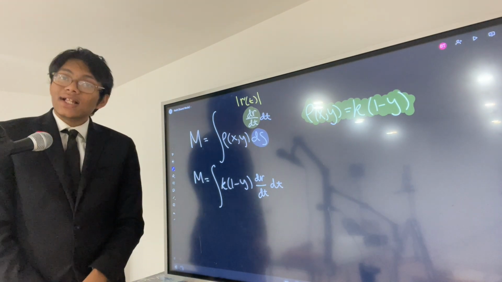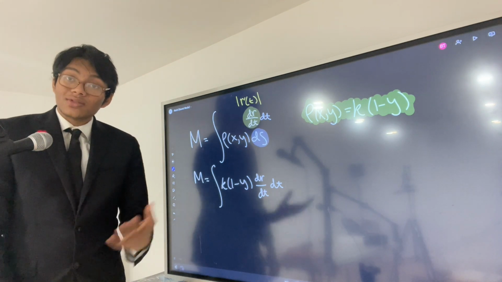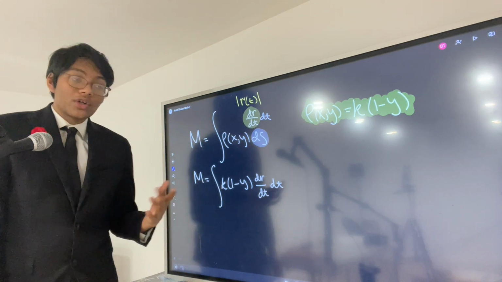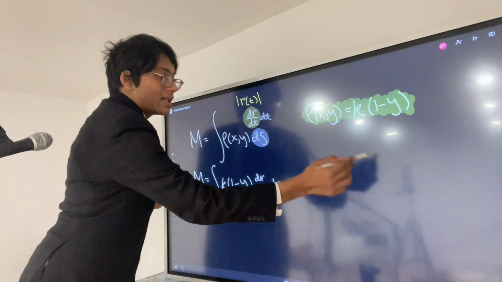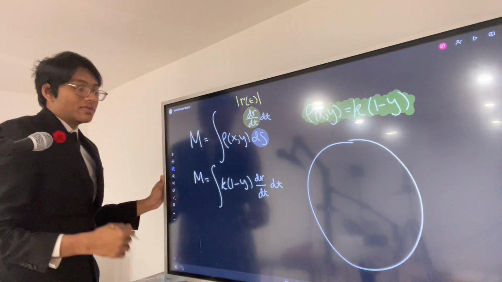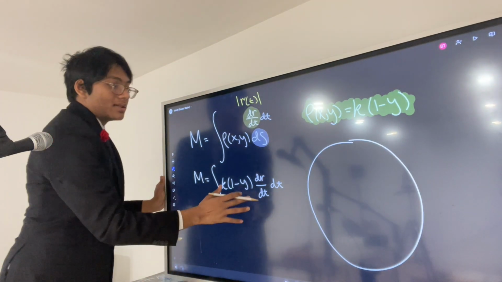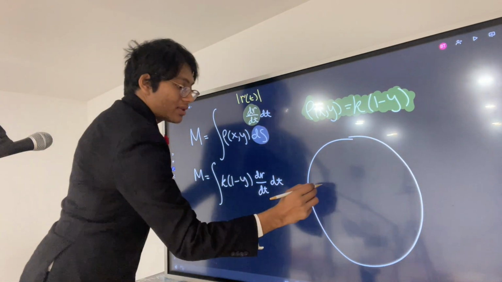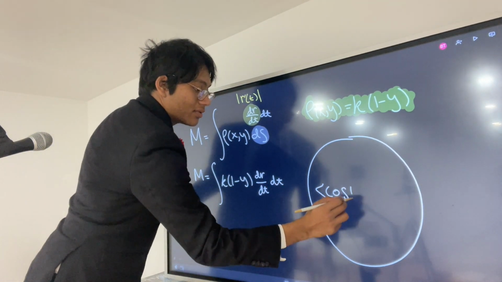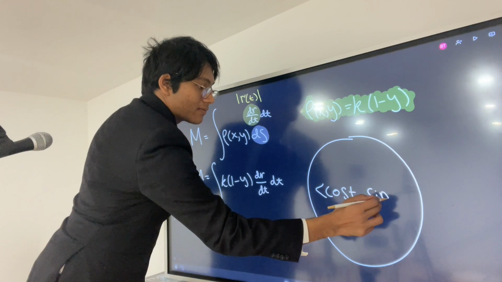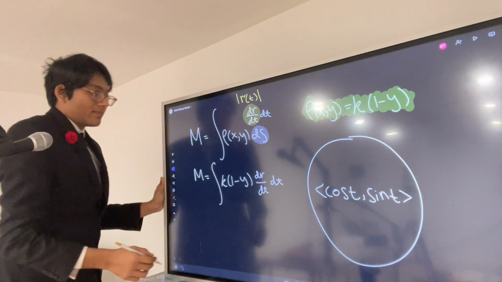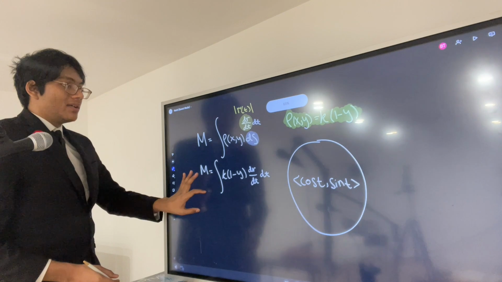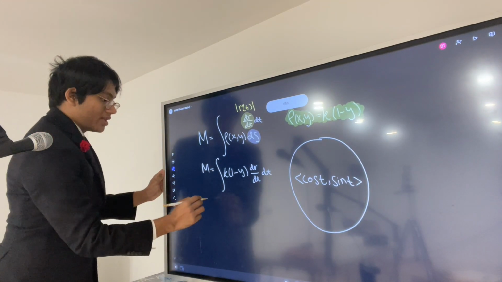Well, y itself is a function of t, because we can parameterize our curve. How can we parameterize our circular wire? Well, the parameterization for a circle is none other than cosine of t, comma sine of t, right? And so now we can replace y over here.